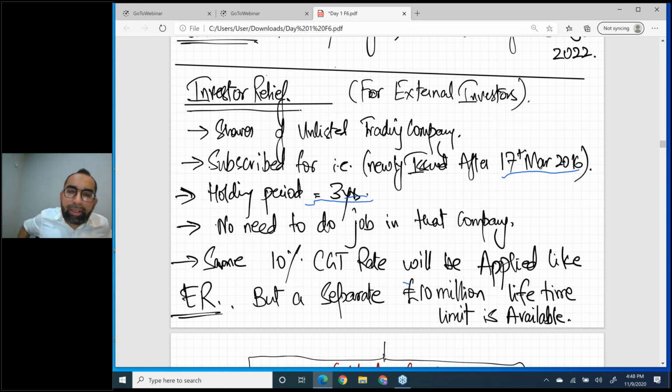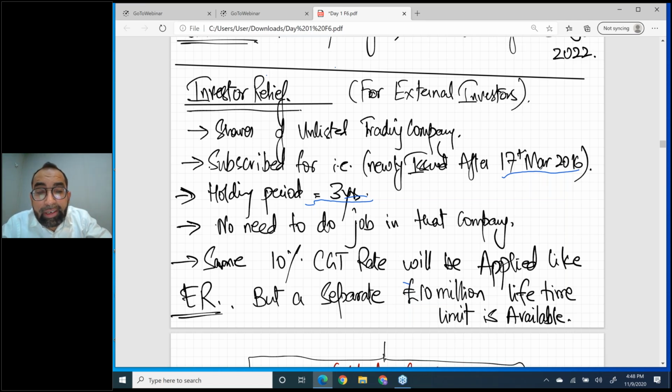Sir, what if we meet all these conditions? How are we going to calculate the tax on this investor relief? Same flat 10% rate, like QG. Now students will ask, sir, for qualifying gains there was a limit of only 10 million.